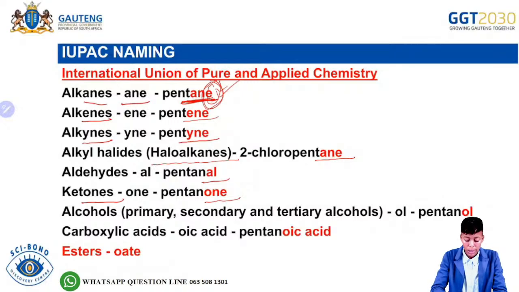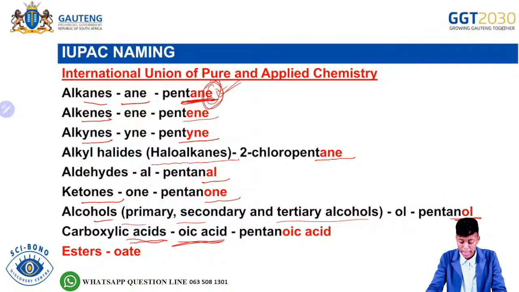Then for the alcohols, remember we have primary, secondary, and tertiary alcohols. The alcohols end with what? Again, you remove the E from the alkane and replace it with "ol". Carboxylic acids end with "oic acid".